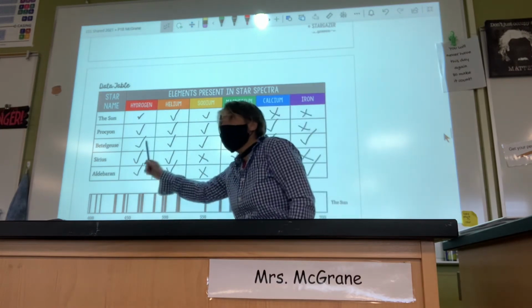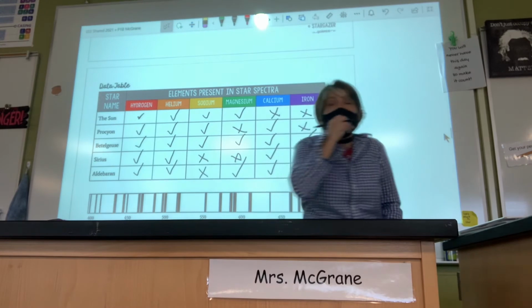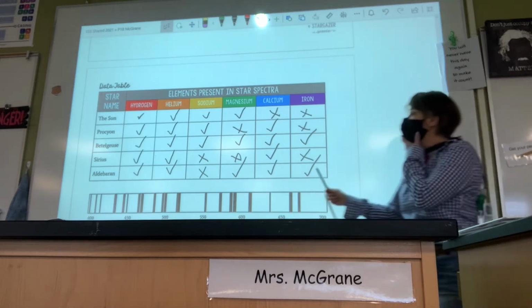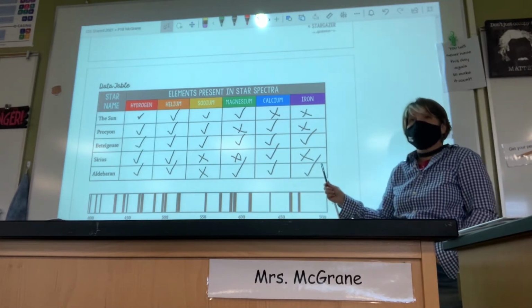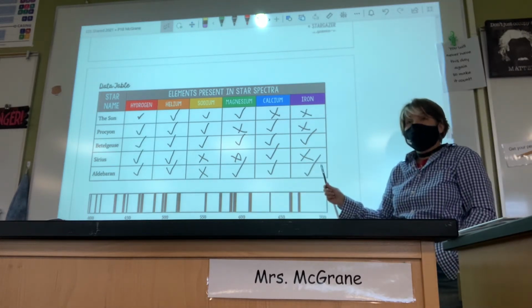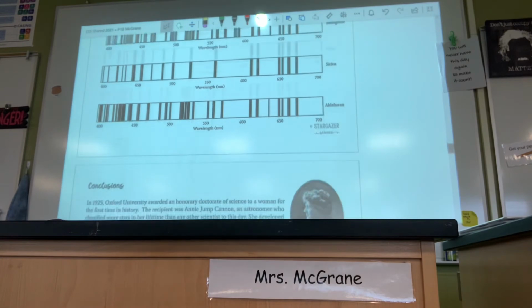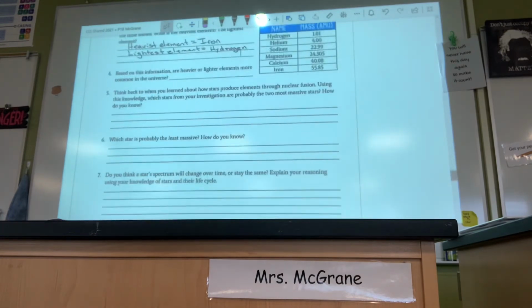And they are in every single star we see. So lighter elements are more common than heavier elements, because the heavier element iron is only in how many stars, Carter? Only 2. So heavier elements are not as common. So based on this information, are heavier or lighter elements more common? Lighter elements are more common.